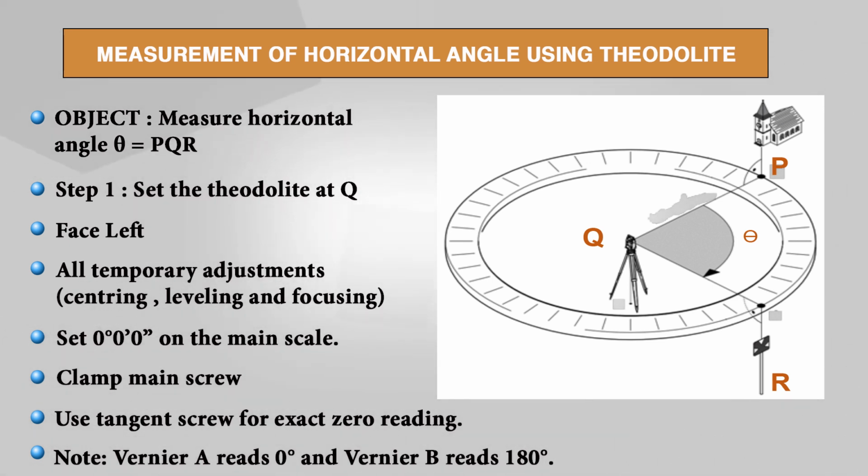Once we get 0 degree on the main scale, we will clamp the main screw, and using the tangent screw the exact 0 reading is obtained. At this stage, when you have set the instrument exactly at 0 reading, the vernier A reading should be 0 and complementary to it the vernier B reading should be 180 degrees, and it should be done very exactly and precisely.